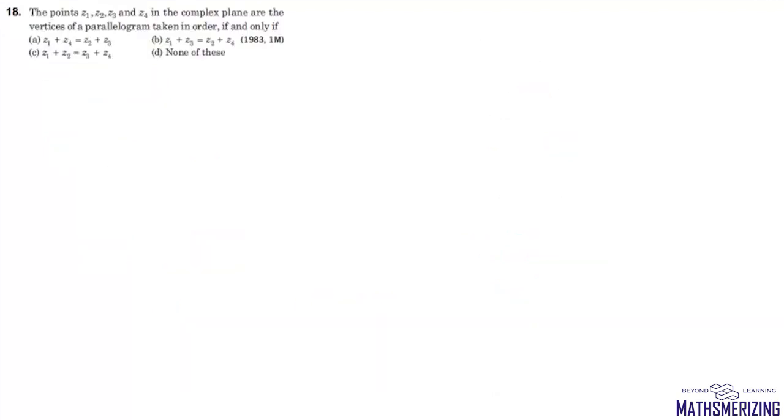Now here the question is, points Z1, Z2, Z3 and Z4 are vertices of a parallelogram taken in order, then which of the following is true? So we have a parallelogram and vertices Z1, Z2, Z3 and Z4, they are taken in order. Now we know that diagonals of a parallelogram bisect each other.